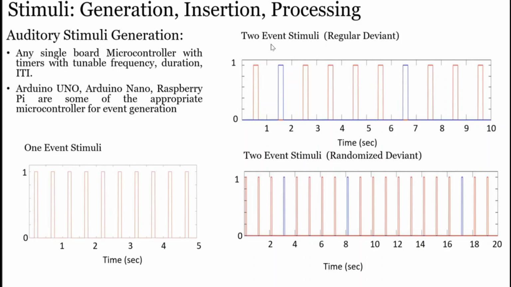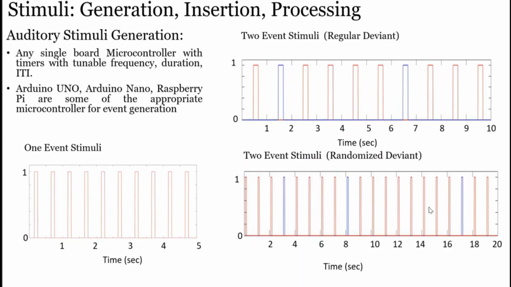I have not shown the entire stimulus, but it has a regular deviant, whereas in the bottom two event stimulus, the deviant occurs after an irregular number of standards. You can see this deviant occurs after 4 standards, whereas this deviant occurs after 8 standards.